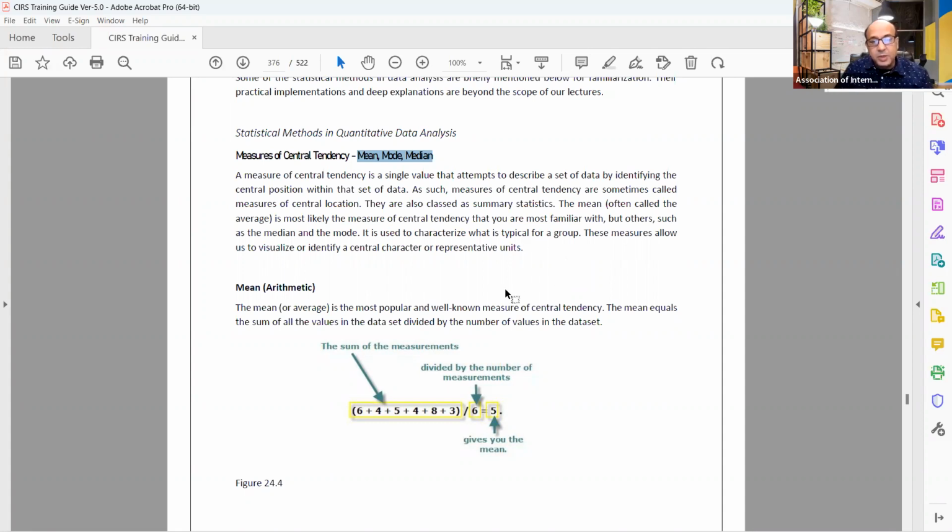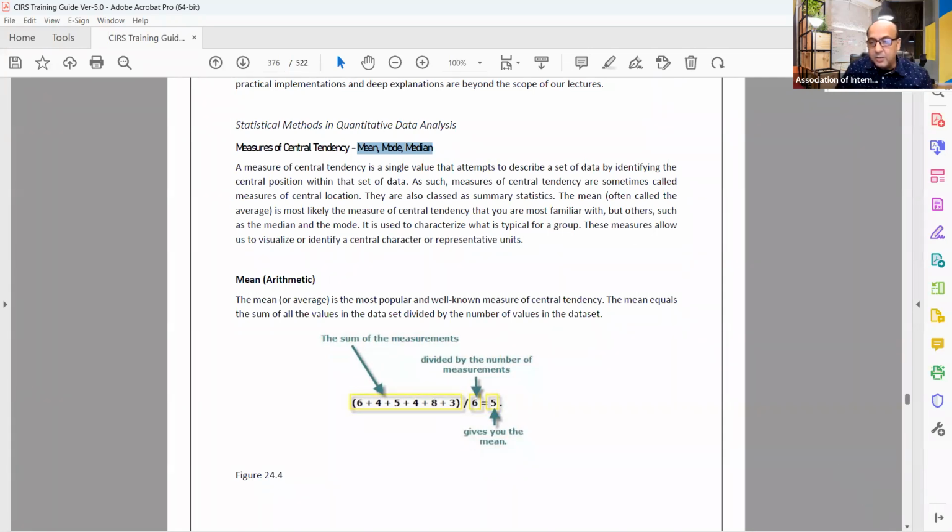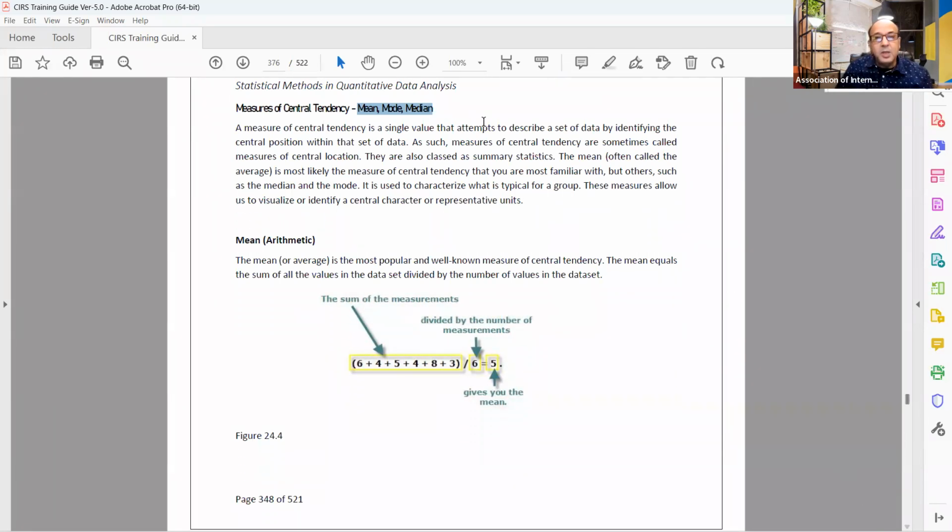All you have to do is get familiarized with the terminology, and just identify these charts against what they mean or what they represent. That's as much as you would get in this topic of statistical methods in quantitative data.